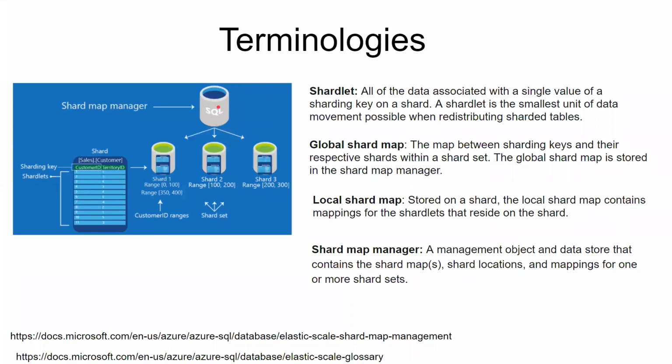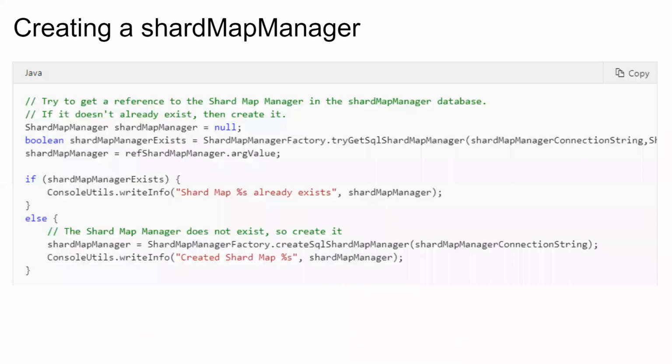And once you get hold of this, then you need to capture the mapping data structure that it holds, which will give you access to the different shards, right? So this is a code snippet that they provide for the shard map manager. Now I am not very familiar, I haven't worked on these things, but one thing that they talked about here is each application domain can only have one shard manager. And that is what we see here, that first you try to get access to the shard map manager.